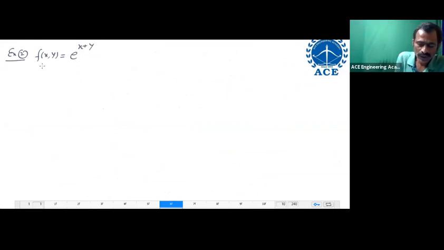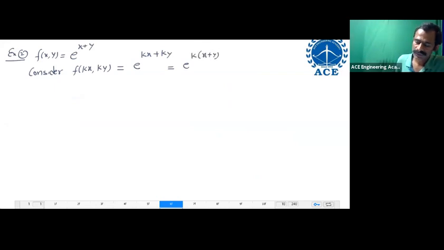To check whether it is homogeneous or not, we verify the condition. For verifying the condition, let us consider f of kx comma ky equal to, replace x with kx, y with ky. E power kx plus ky equal to e power k into x plus y.